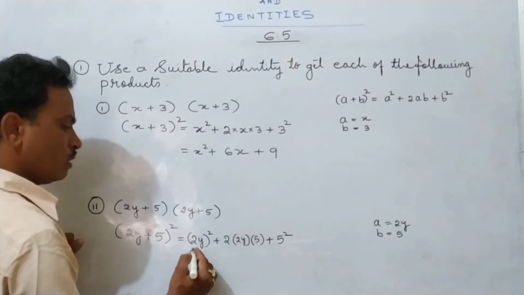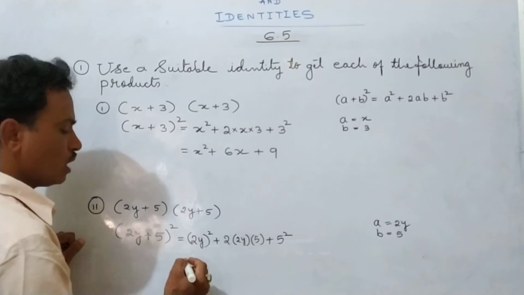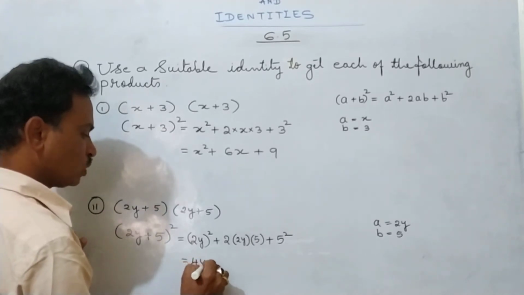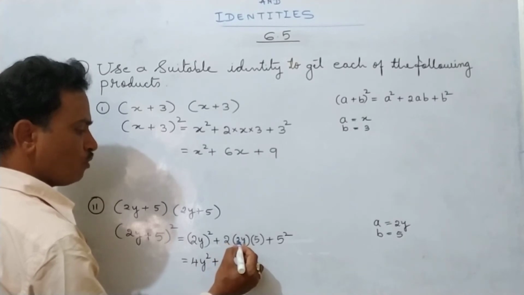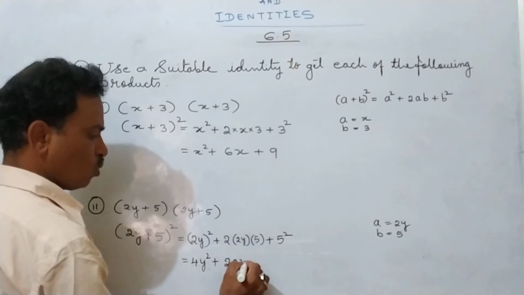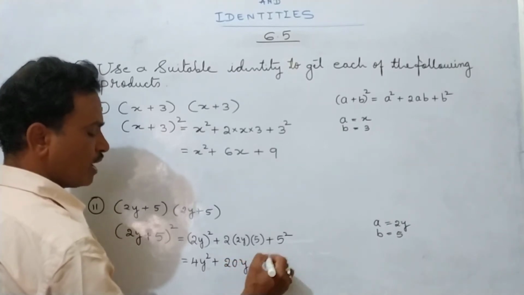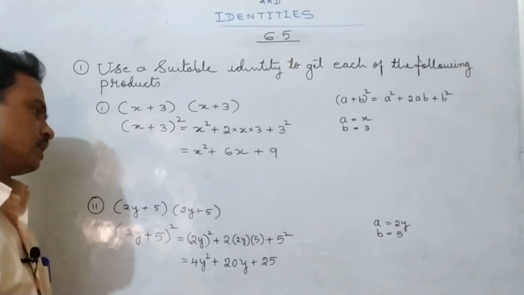Now multiply 2y into 2y: 4y square, plus 2 2s are 4, 4 5s are 20, 20y, plus 5 square is 25. Okay, this is the second result.